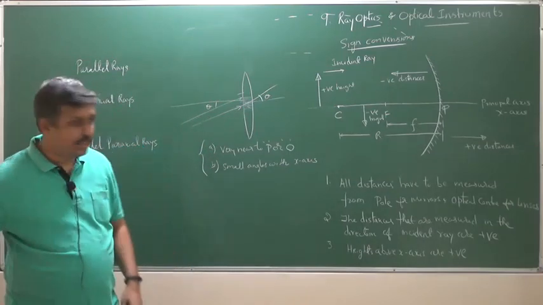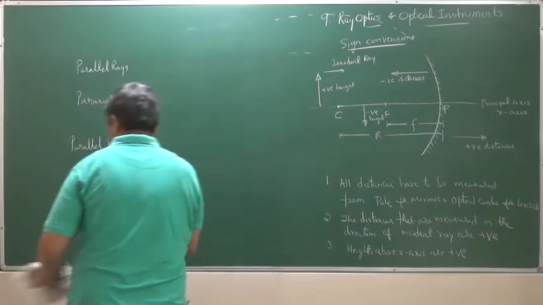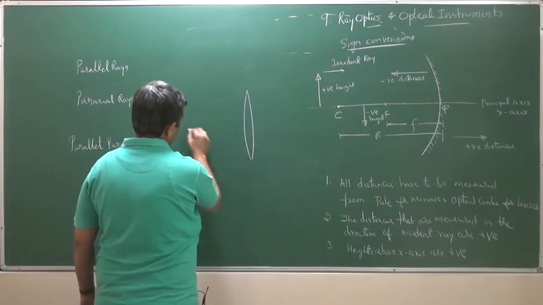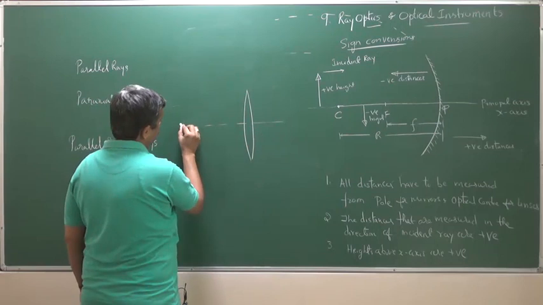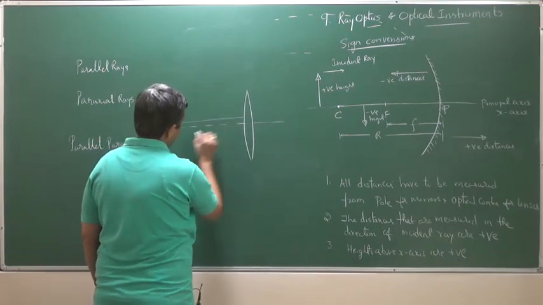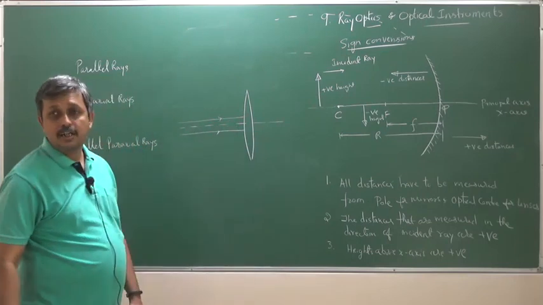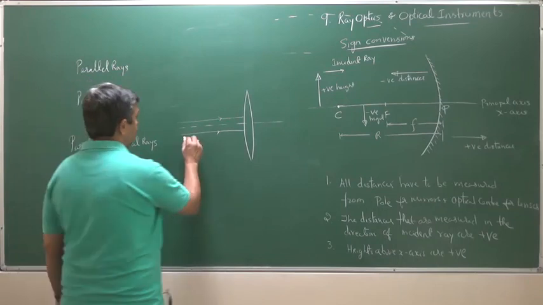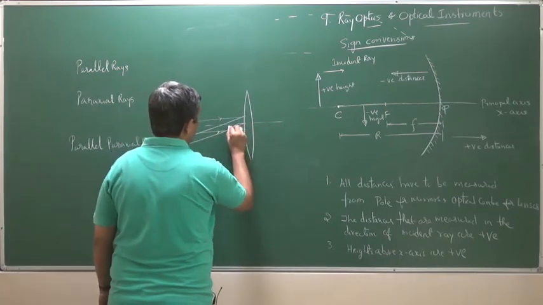An example of that is this, and these two. These two rays are both parallel and paraxial. And let us say these two rays are also like that.